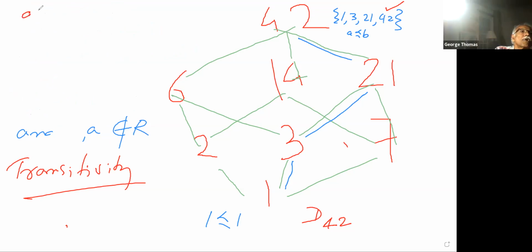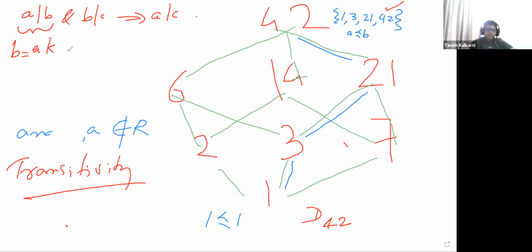Suppose A divides B and B divides C. Can we prove that A divides C? Let's see. What does A divides B mean? That means B equals AK for some integer. Agreed?